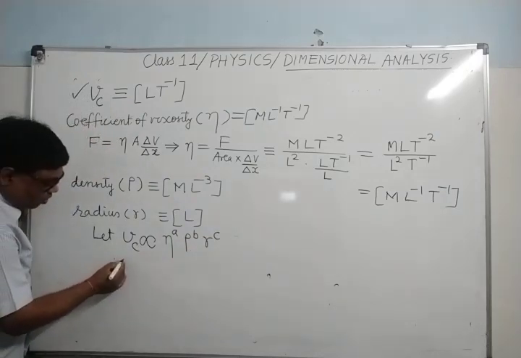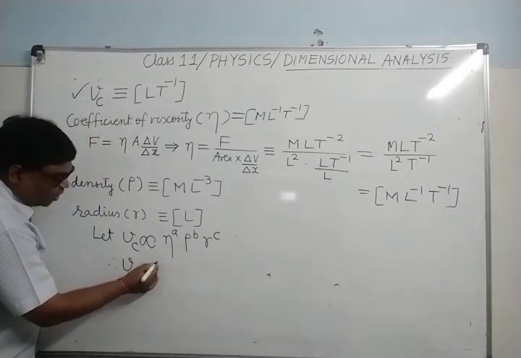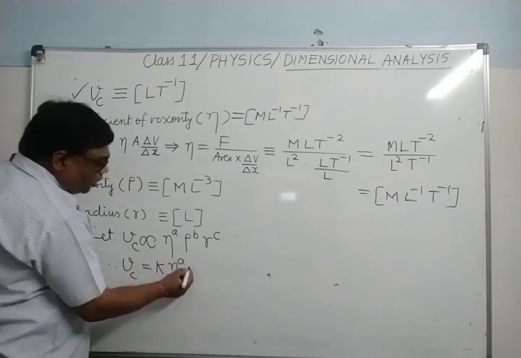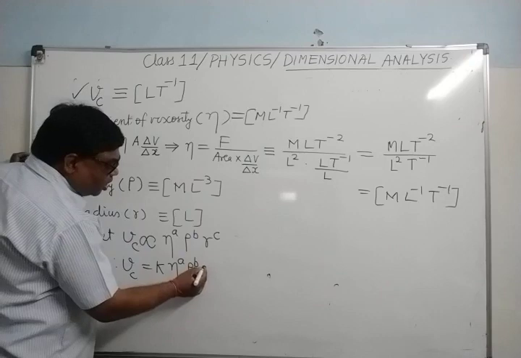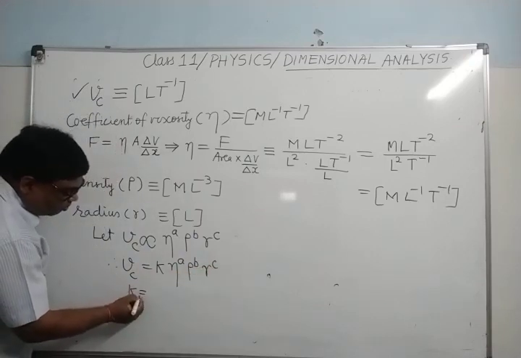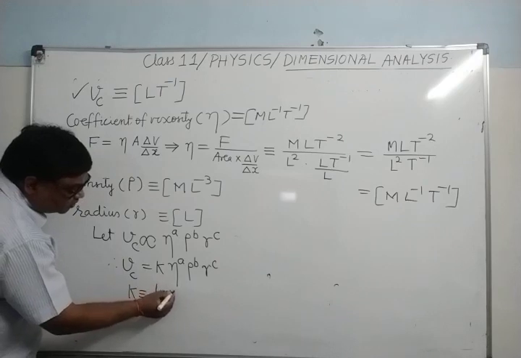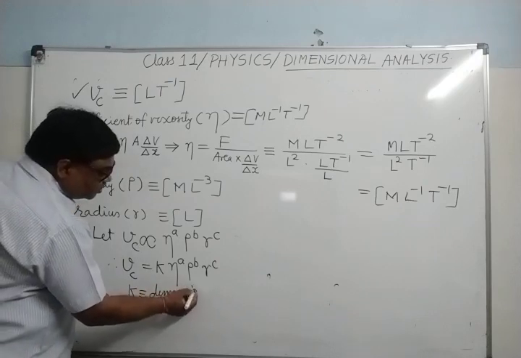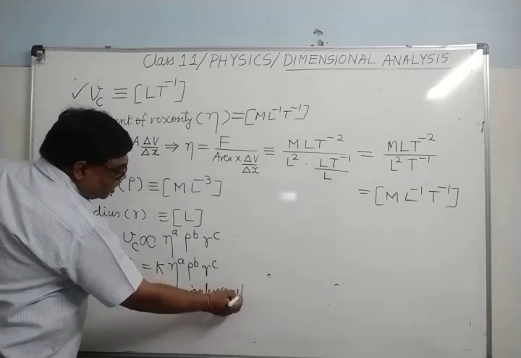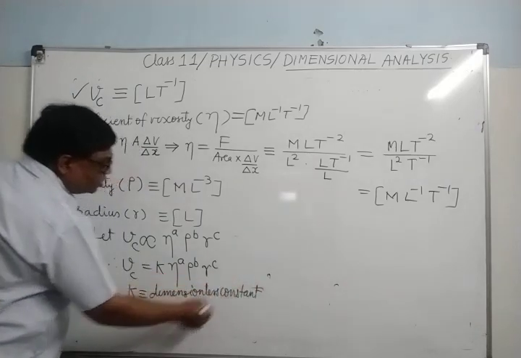So therefore Vc equals k eta to the power a, rho to the power b, r to the power c. K is what? Dimensionless constant.